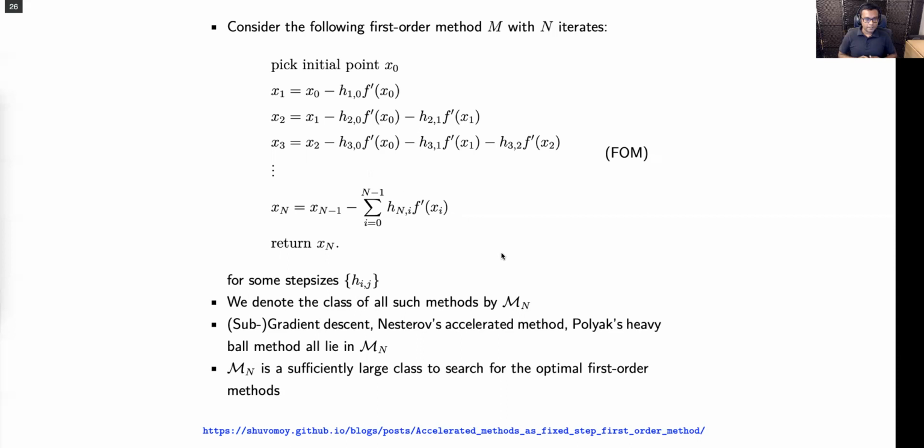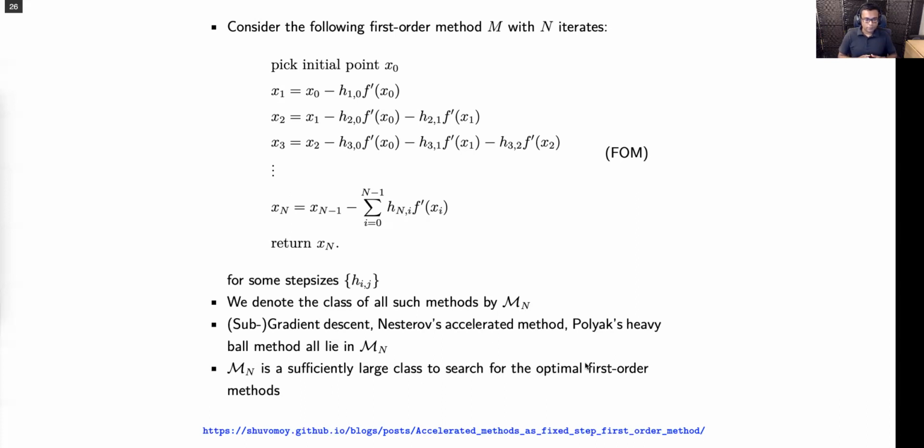However, for many relevant classes of problems, it turns out that capital MN, the class of fixed step first order methods, is a sufficiently large class to search for the optimal first order methods. So in the context of this work, we will limit our attention only to this class. And for adaptive methods and things like that, I want to clarify that this is not applicable.